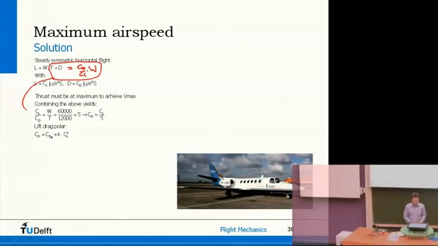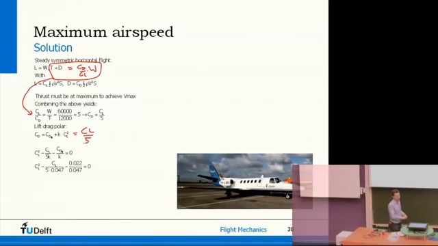So CD is CL divided by 5. And I have a lift drag polar, so that means this is CL divided by 5. If I rewrite it, I take CL over 5 to the left hand side, then I get this equation with CL squared in there being equal to 0.